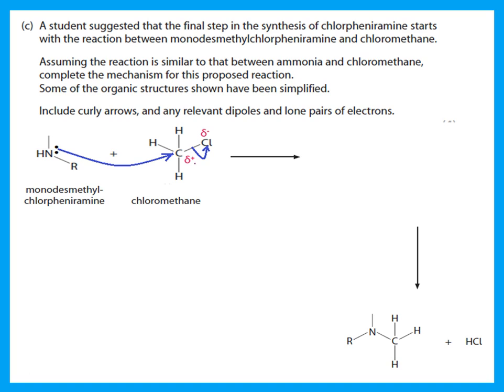Now when this attaches, then the nitrogen is a positive center, so the electrons bonding the hydrogen will be donated to the positively charged nitrogen to give the final product. So we end up with this product plus the H and the Cl minus forming HCl.